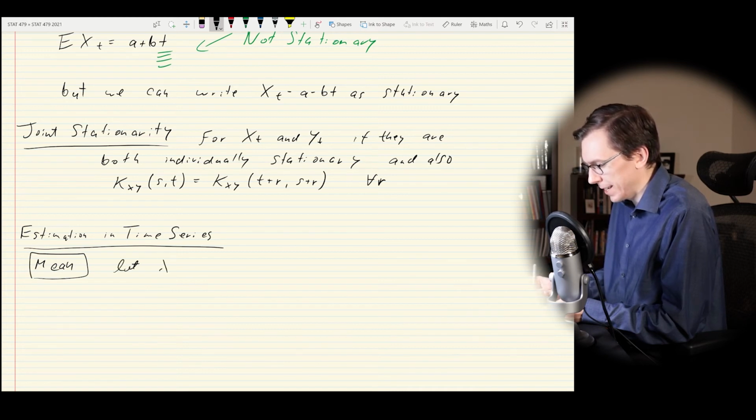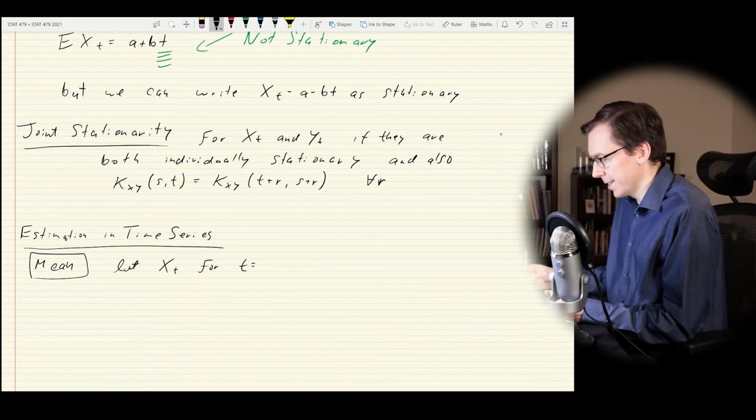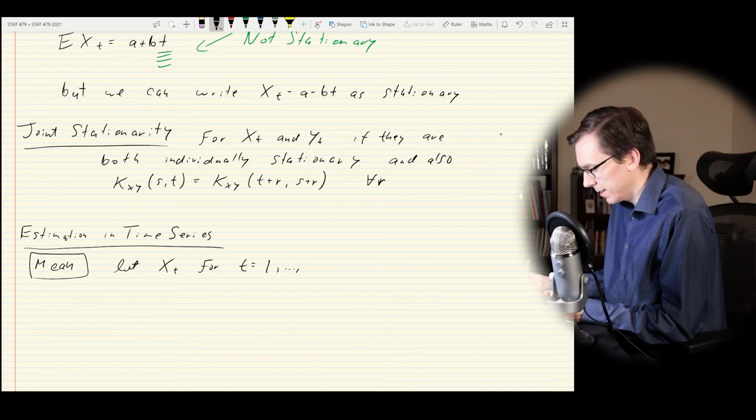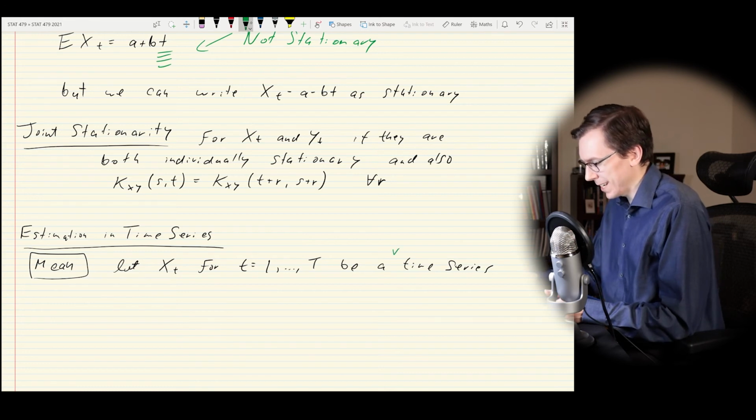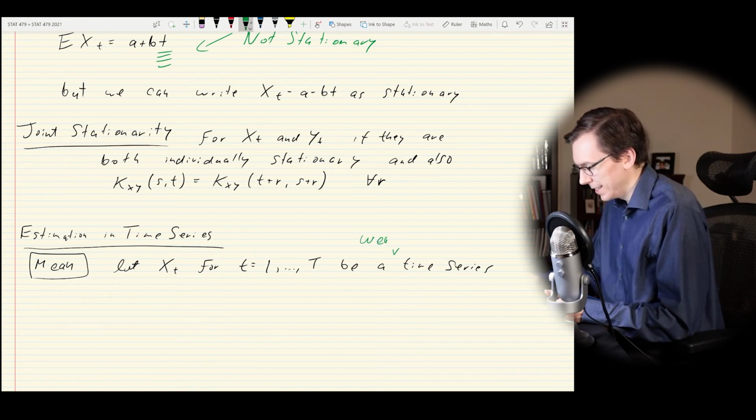So what we do is let x_t, for t from 1 to capital T, be a time series. More precisely, a weakly stationary time series.